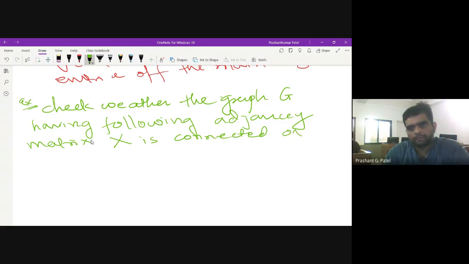You have to tell me whether the X which I have written here, which is the adjacency matrix of some graph G, is connected.